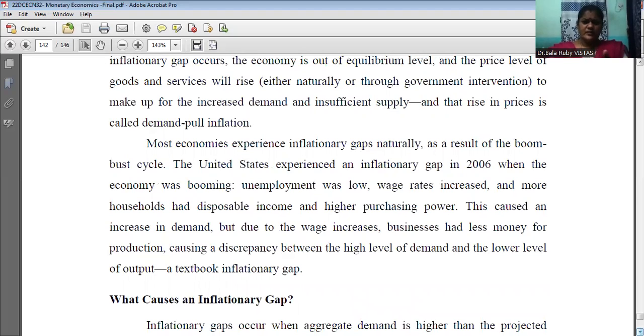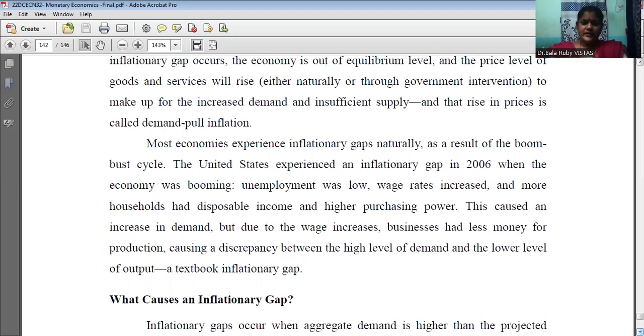So most economies experience inflationary gaps naturally as a result of the boom bust cycle. The United States experienced an inflationary gap during 2006. When the economy was booming, unemployment was low, wage rates increased, and more households had a disposable income and higher purchasing power.